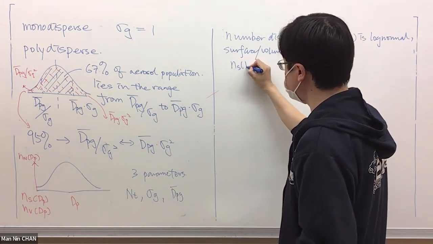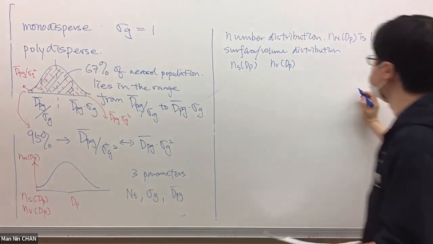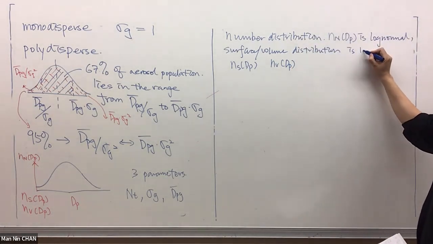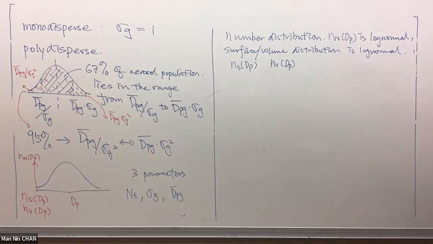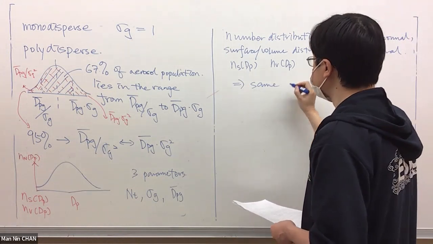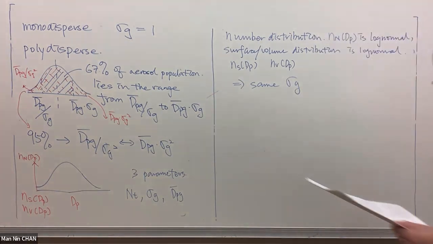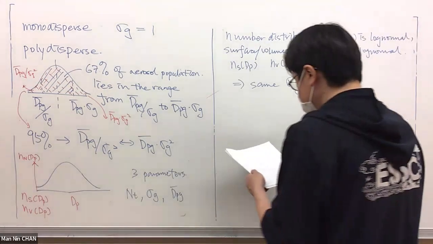That means your NSDP and NVDP would also be log normal. And if you look at the distributions, they will have the same sigma g, the same geometric standard deviation, but of course their median diameters would be different. So you can also relate it to these.